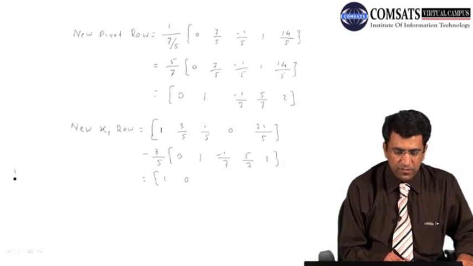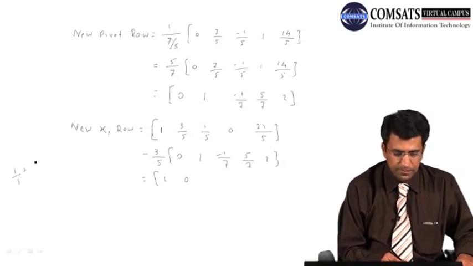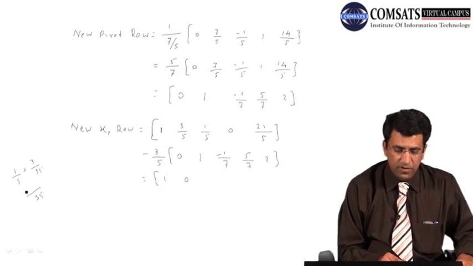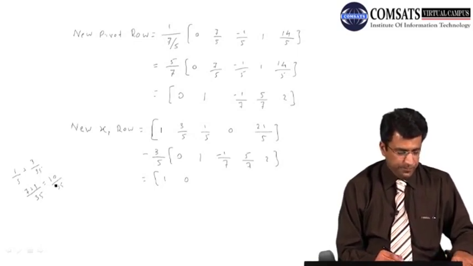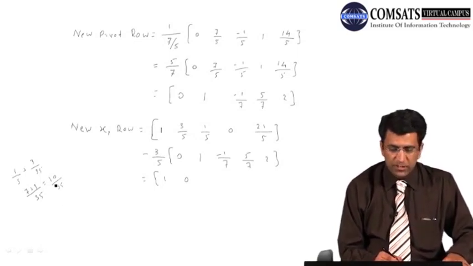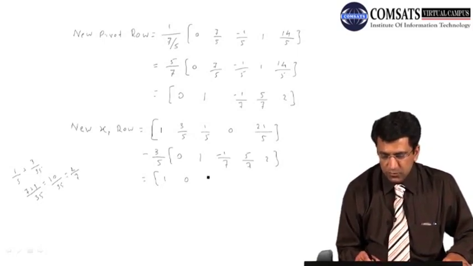So let's solve this value. 1 by 5 plus 3 by 35: 7 plus 3 equal to 10 over 35, so this will be equal to 10 divided by 35, and again it will become 2 by 7. So the third value is 2 by 7.